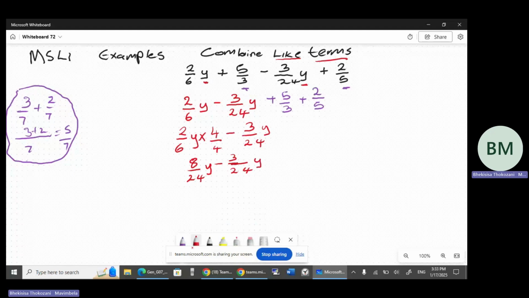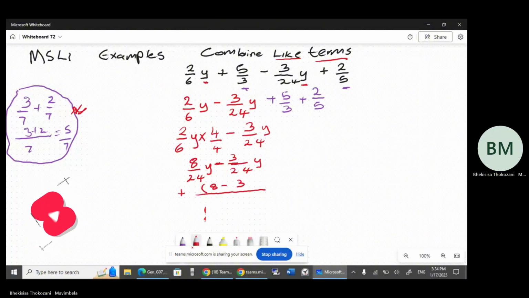Now, can you see now? We can apply this rule here of fractions. So we just rule a line. Here we go. The signs here are not the same. We have negative here, and we have positive this side. So we take the sign of the bigger number, which is plus, and we subtract 8 minus 3, right?